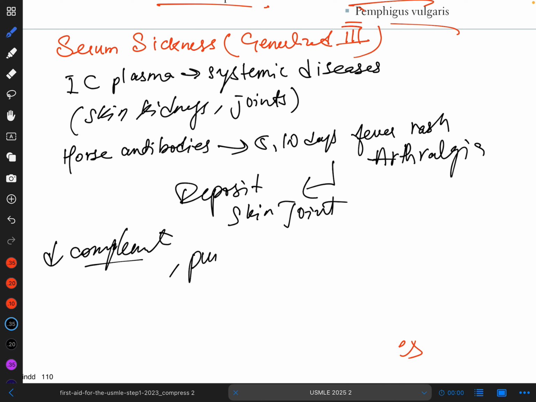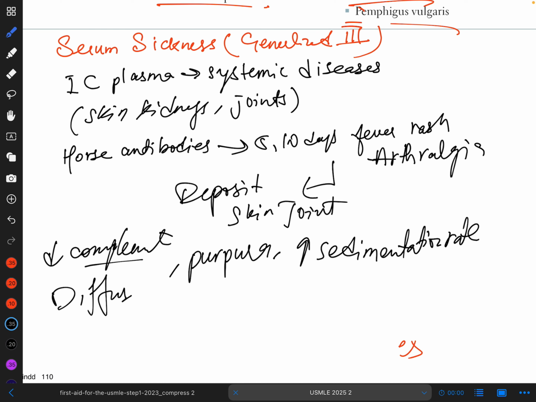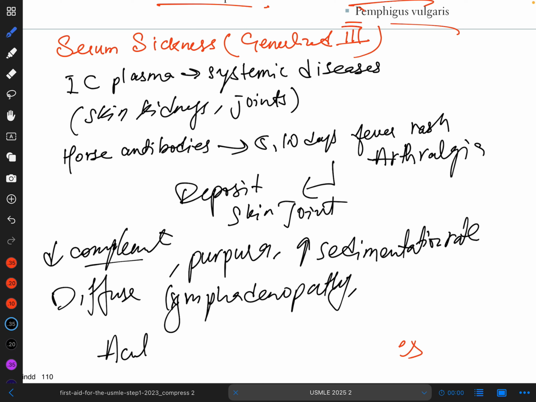There is also elevated sedimentation rate, diffuse lymphadenopathy, and acute glomerulonephritis.